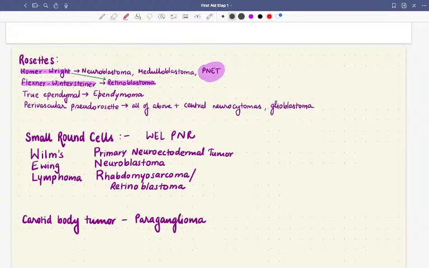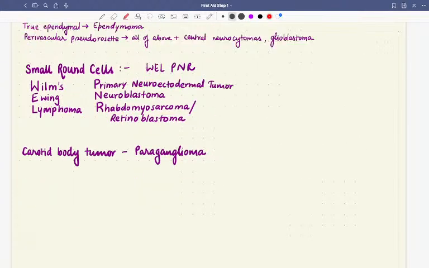All this is small round cells, very important. Also carotid body tumor, paraganglioma.